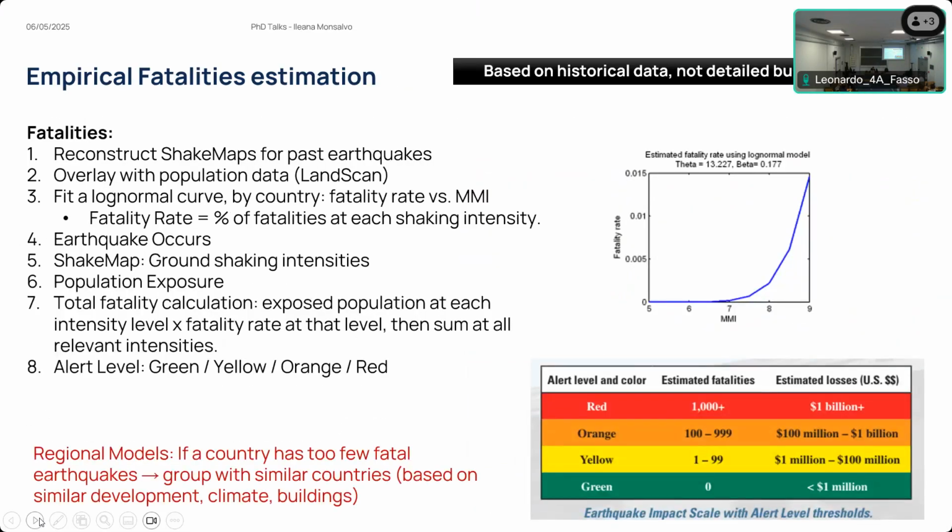Okay, so as I mentioned before, within PAGER, different types of methods for estimation are used. However, the empirical one is the one that can be most broadly used, because in order to build them, it is only necessary to have data on fatalities and economic losses from past earthquakes, and it's not necessary to have detailed building inventories or detailed information on the building codes or something like that.